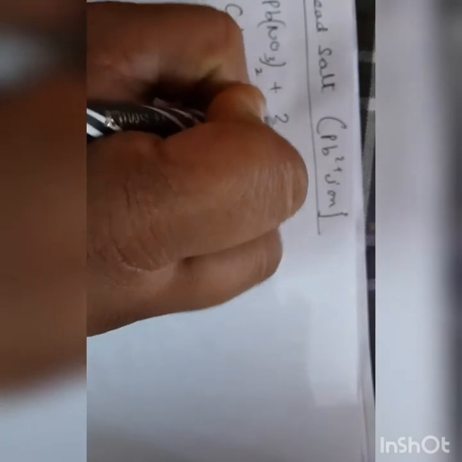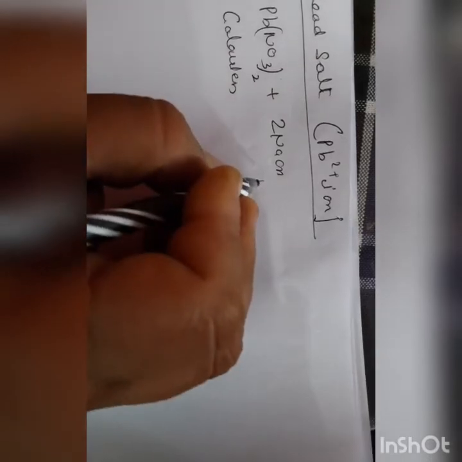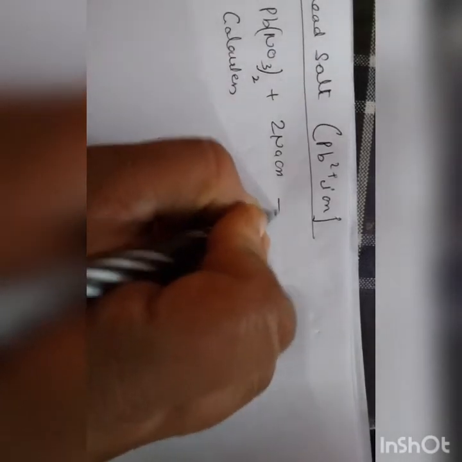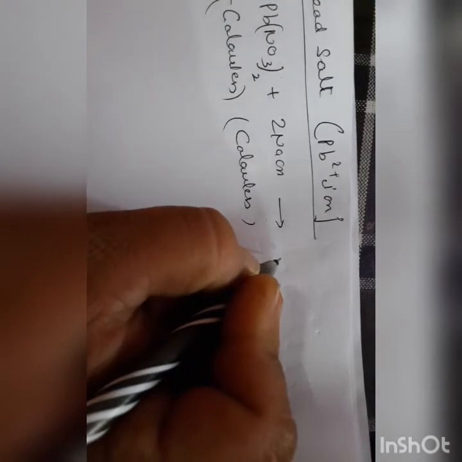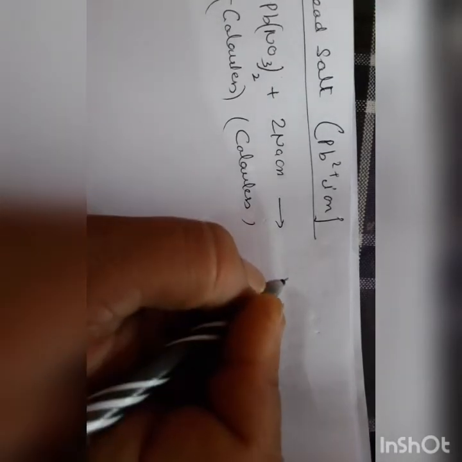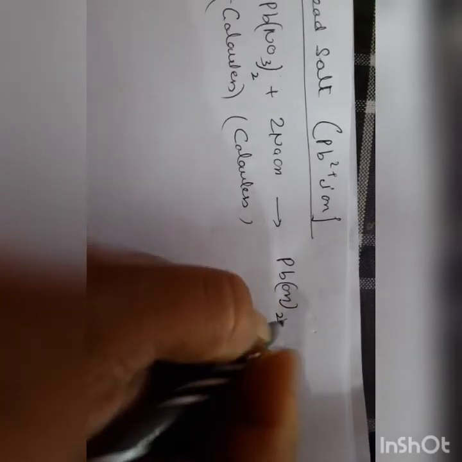Lead nitrate is colorless. Now we will add sodium hydroxide, that is caustic soda. The reaction will take place and we will get white chalky ppt of lead hydroxide.